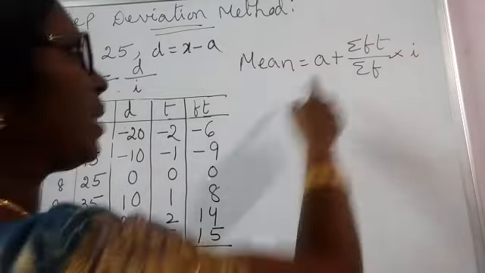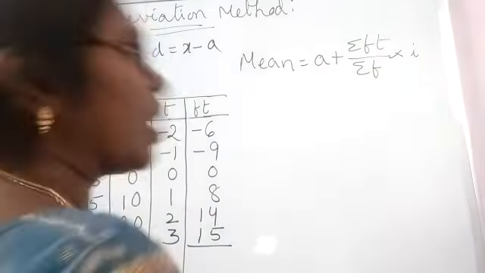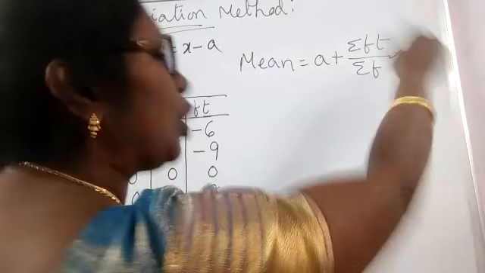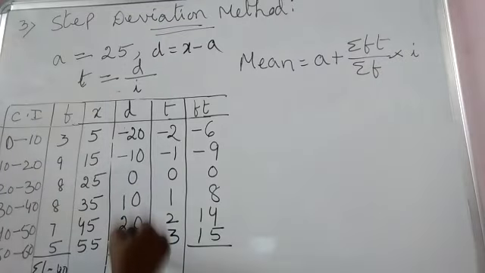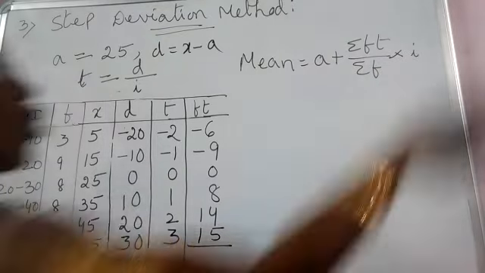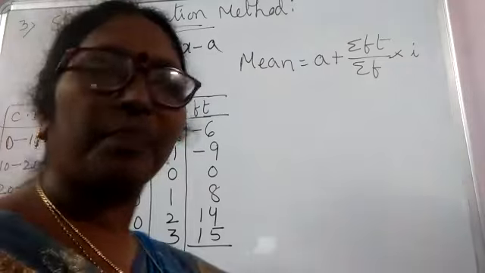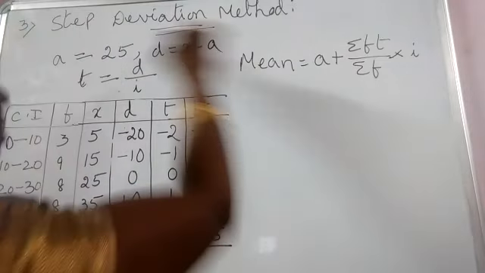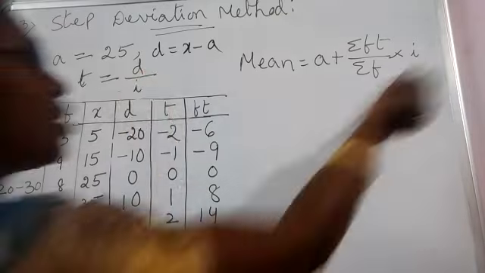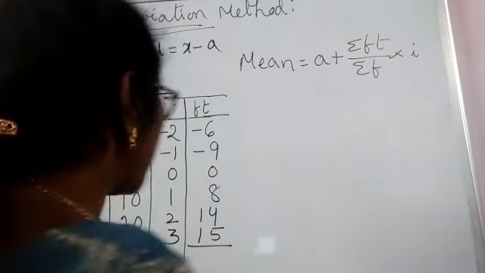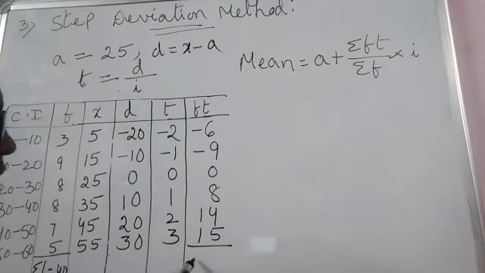In the shortcut method, a is added. Now extra into i, because here we have divided each deviation by the class size, so multiply that here. Assumed mean was subtracted, so we are adding here. Class size we are dividing, so multiply here. Very easy.